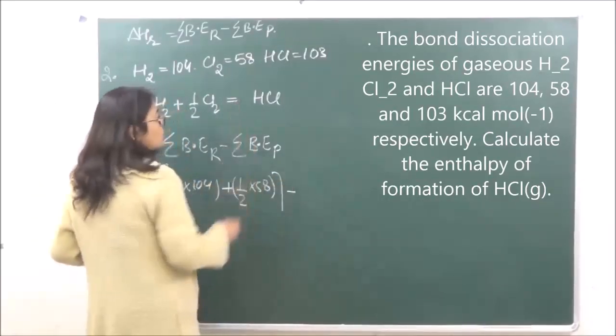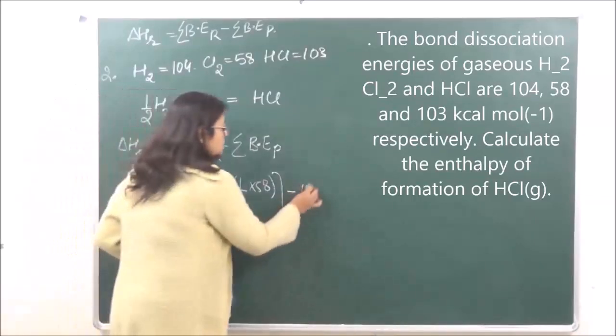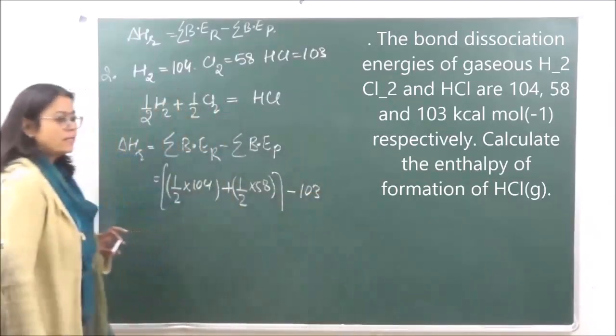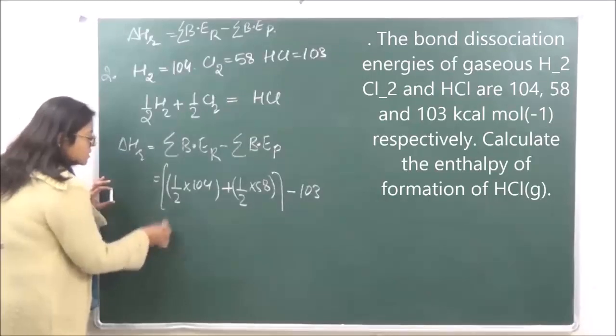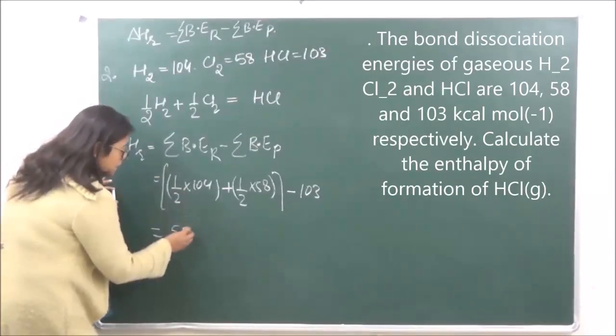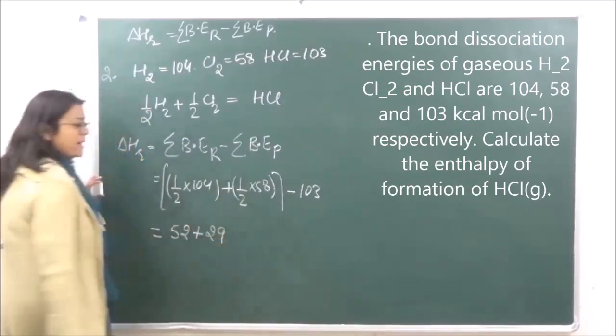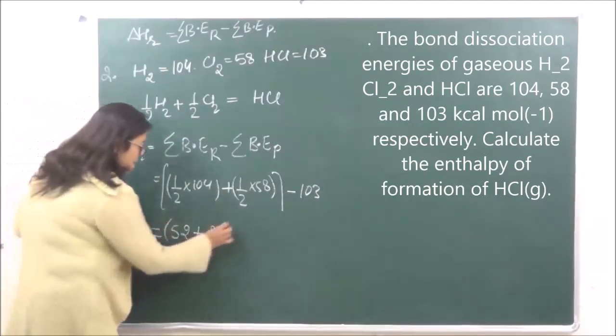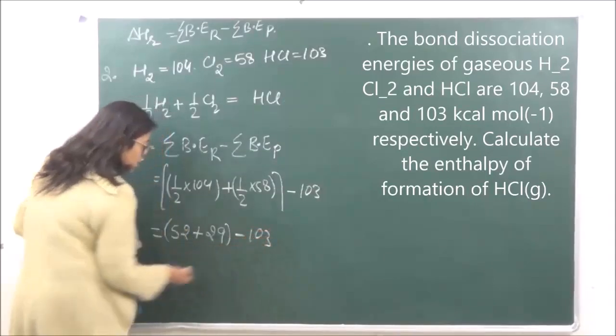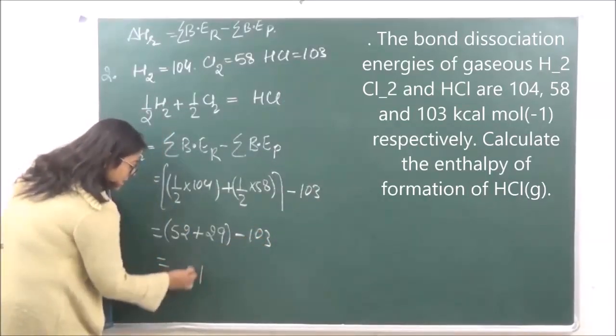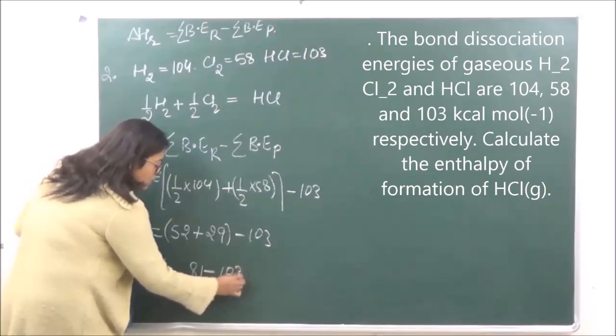So products की हमको कितनी दी है? 103. So simply you will put over here minus 103. So what are we getting? This will come to 52 plus 29, ठीक है, minus 103. So this comes to 81 minus 103.